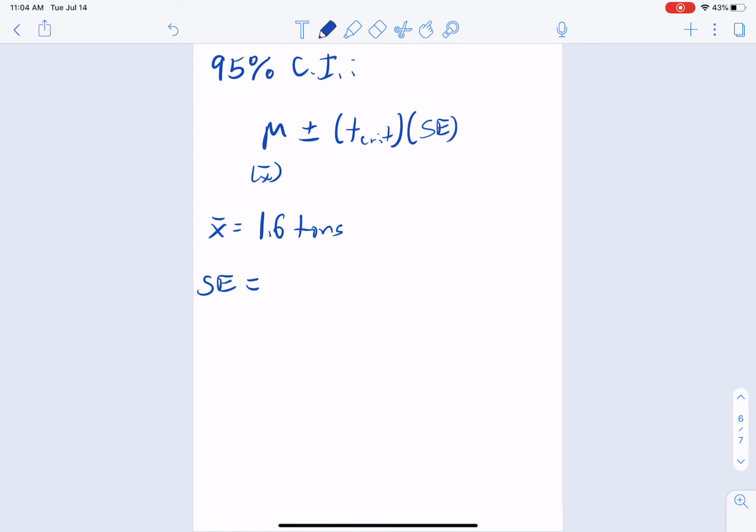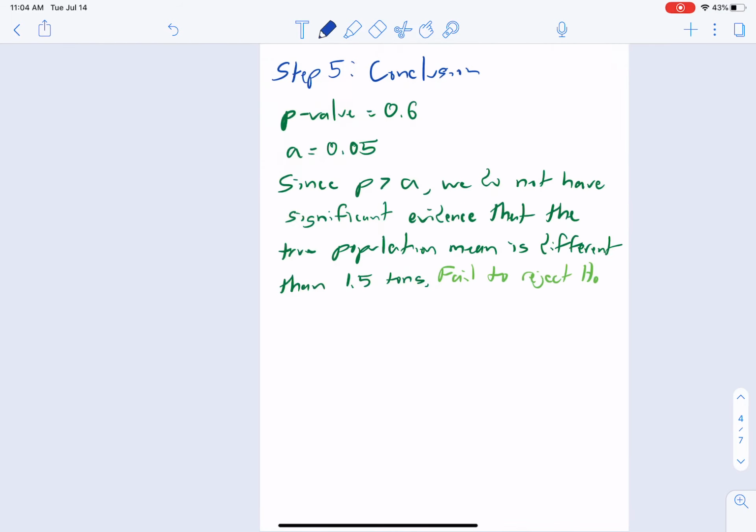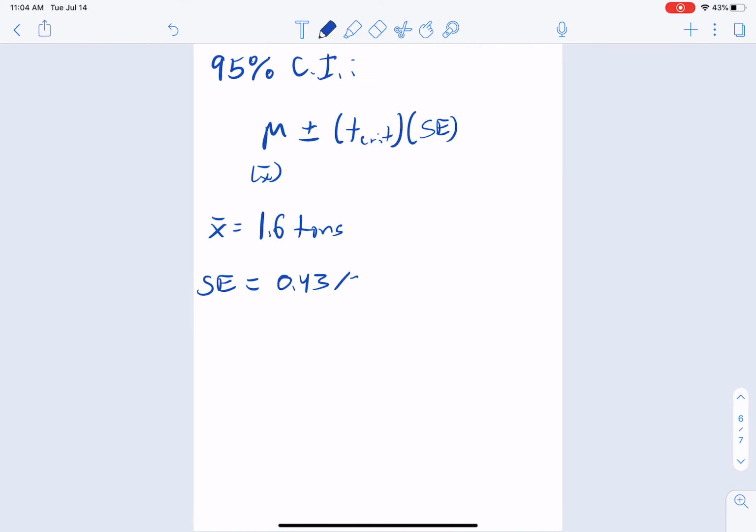It was 0.43, I think. Yeah. Divided by square root of 6. So 0.43 divided by square root of 6 equals 0.1755. So we'll just call this 0.18.